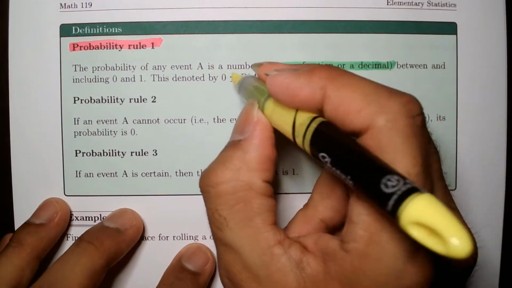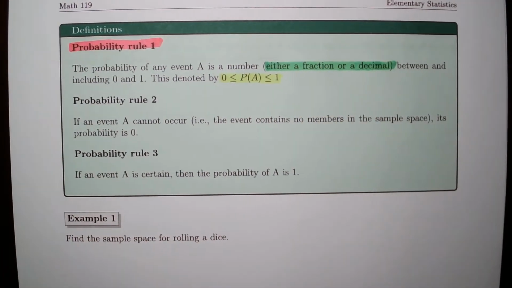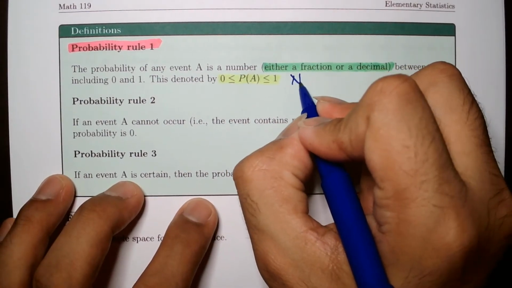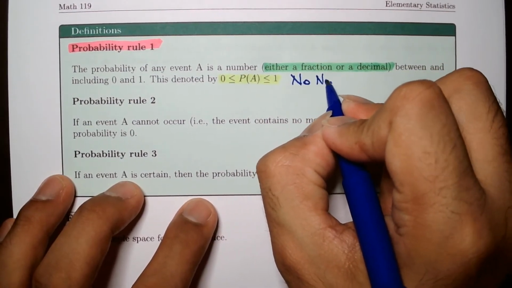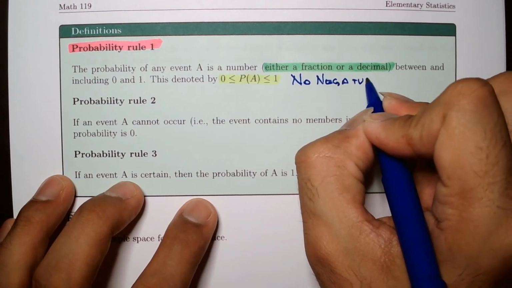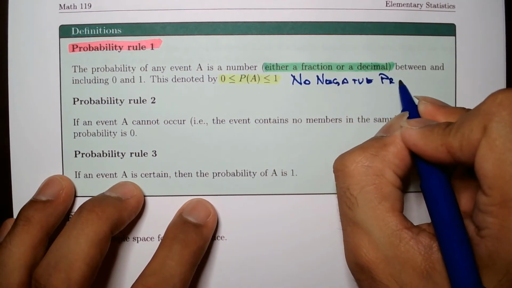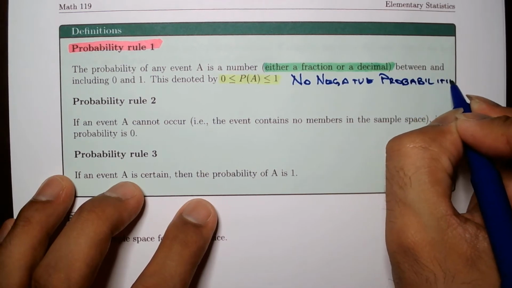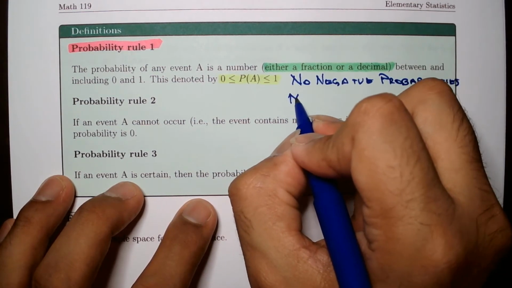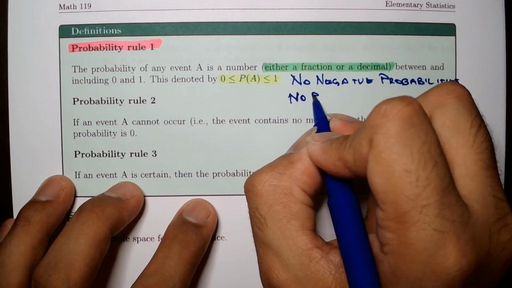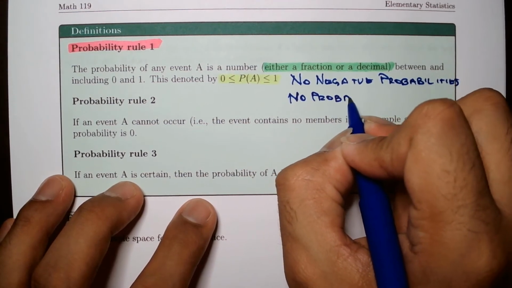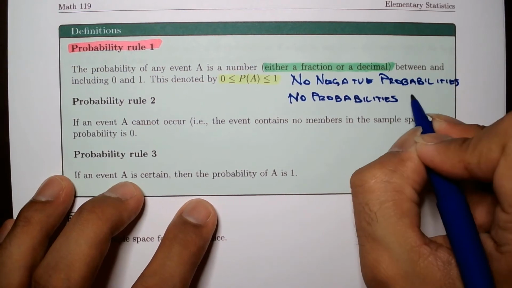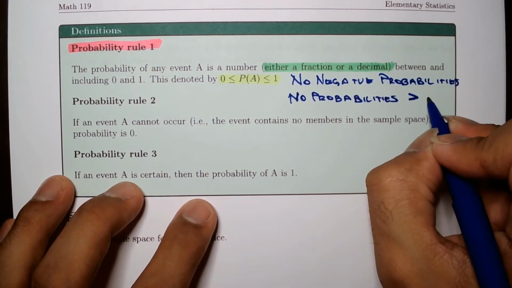So in other words, we cannot have negative probabilities and no probabilities greater than 1.